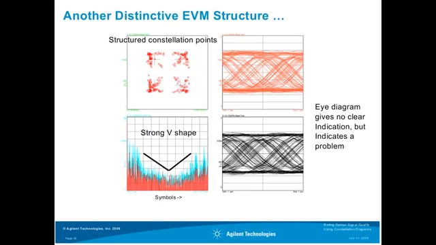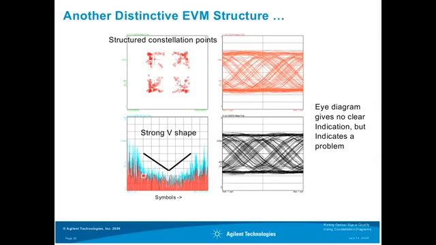Here I have brought you another very distinctive EVM structure. We can see the constellation diagram that has very structured constellation points, but even well centered around the ideal points. Looking at the I and the Q part of the eye diagrams, we can see there's something not perfect in the transmitter, or even very imperfect.